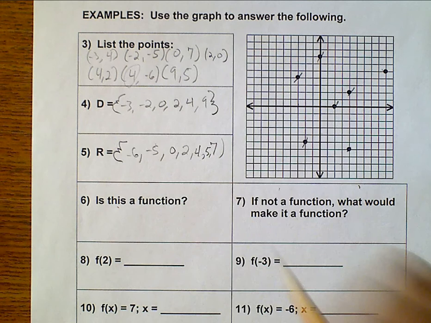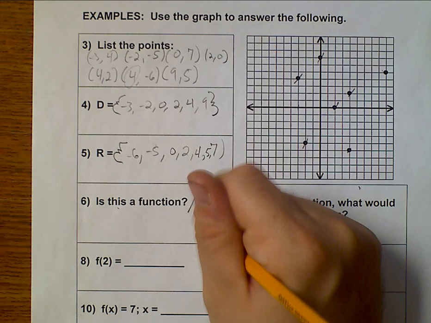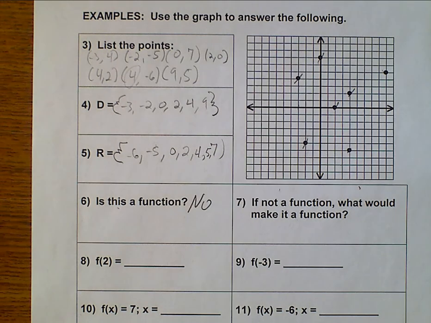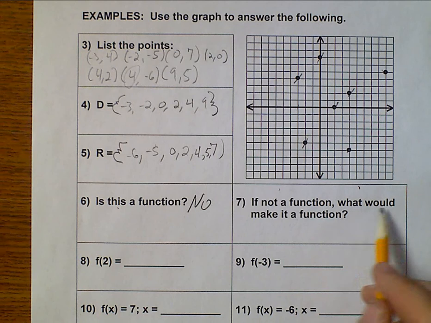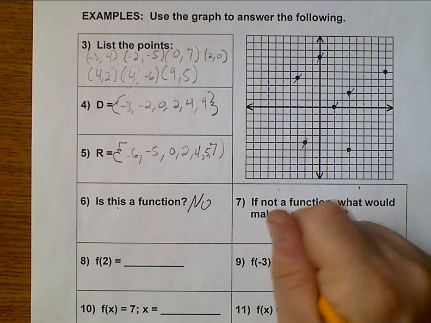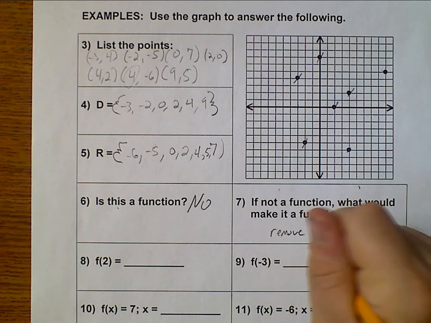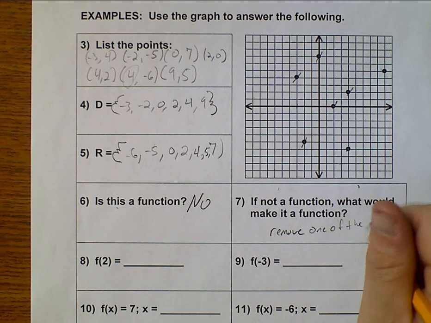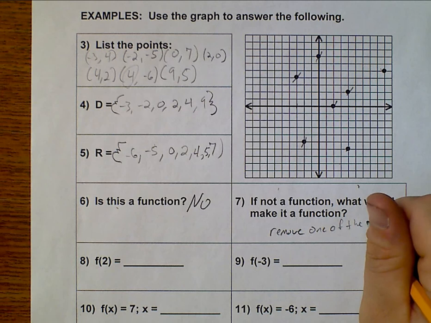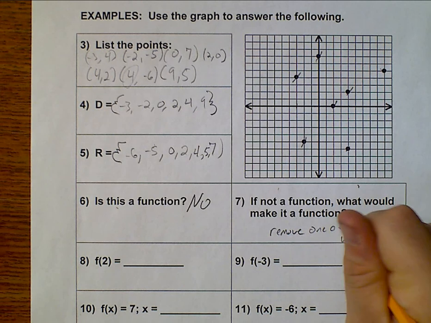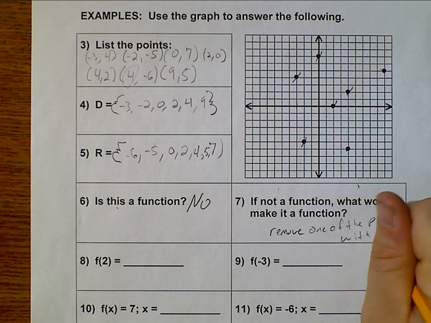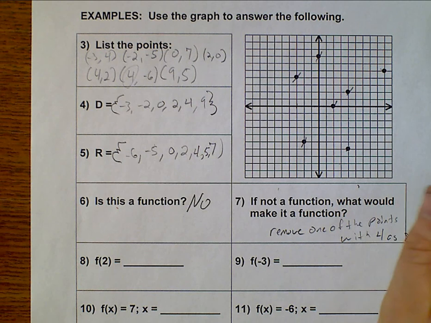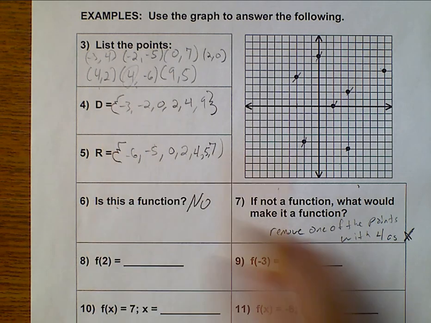So now the question, is this a function? No. If not, what would make it a function? Remove one of the points with 4 as x. Because I can either remove 4, 2 or 4, negative 6.